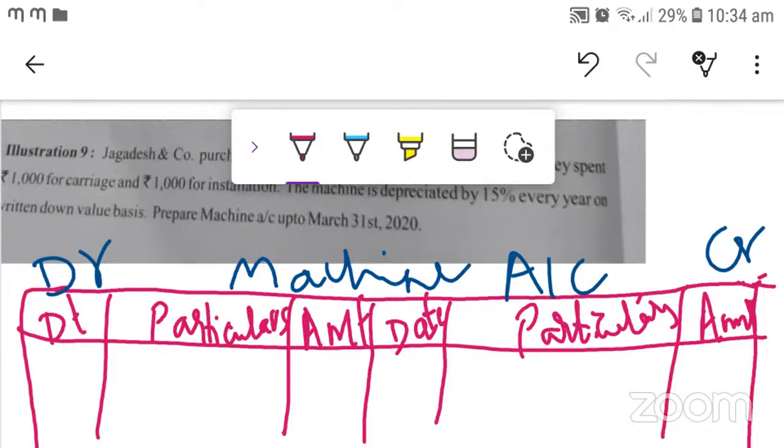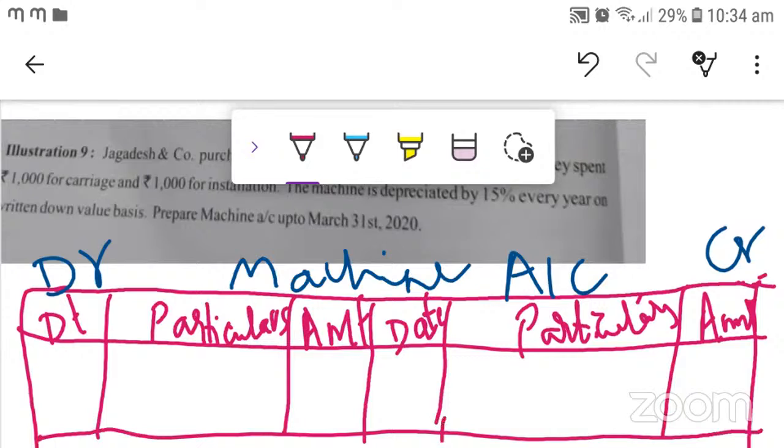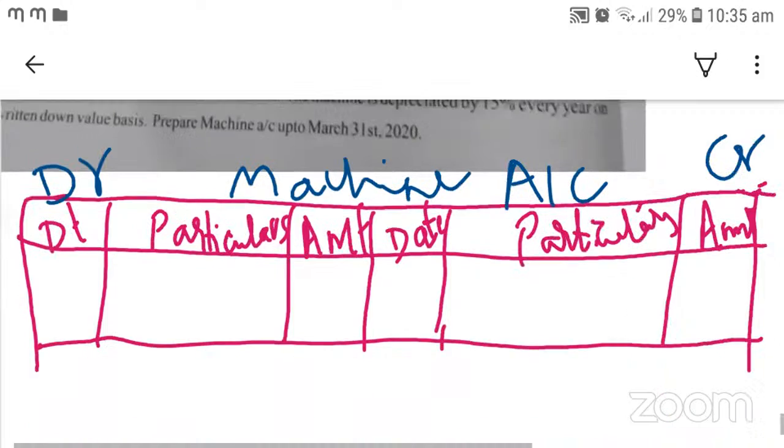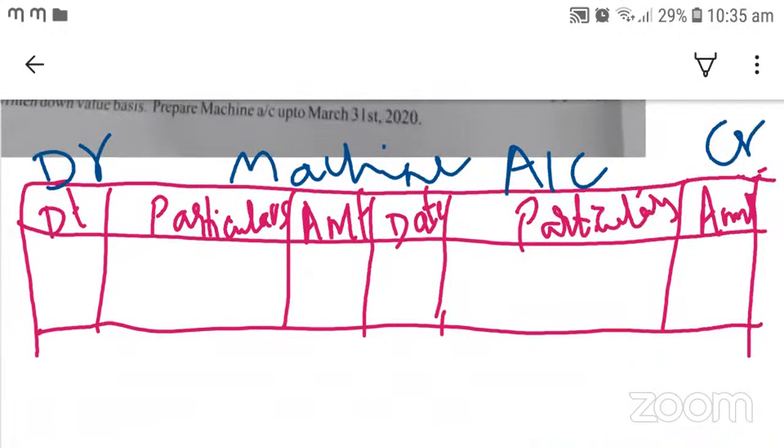Like this. This is the machine account. To bank. Okay, like this. This is the pro forma. We have to prepare machine account. This is the pro forma of machine account.